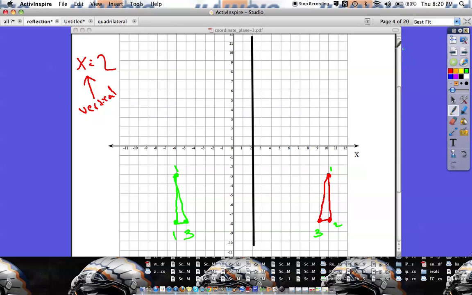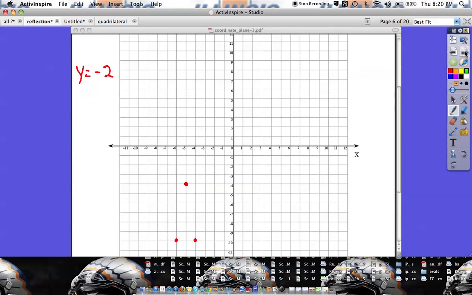Okay? And again, this kind of note, x is going to be vertical when we do these kind of things here, when we do the reflection lines. All right, now, again, a little bit different here. You know that the y-axis is the one that's going up and down here. This is the y-axis. But when we do a reflection line of y equals something, it's going to be, again, the opposite.